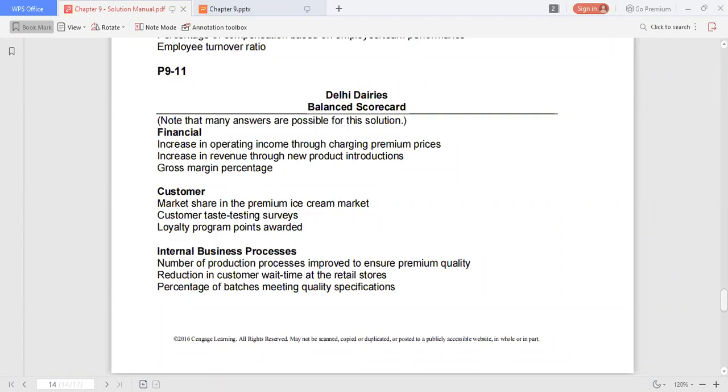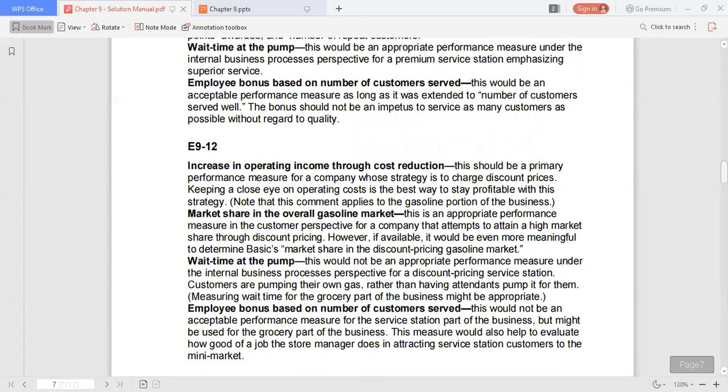Then we have for customer: market share in the premium ice cream market, customer taste testing surveys, loyalty program points awarded. For internal business process: number of production process improvements to ensure premium quality, reduction in customer wait time at the retail stores, and percentage of batches meeting quality instructions.